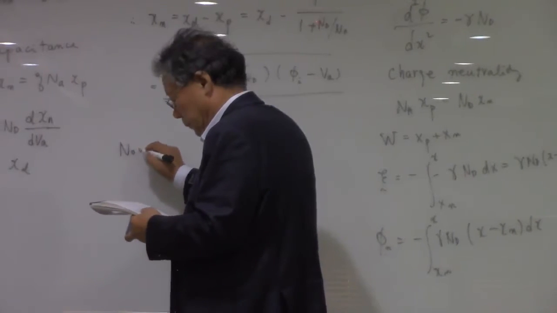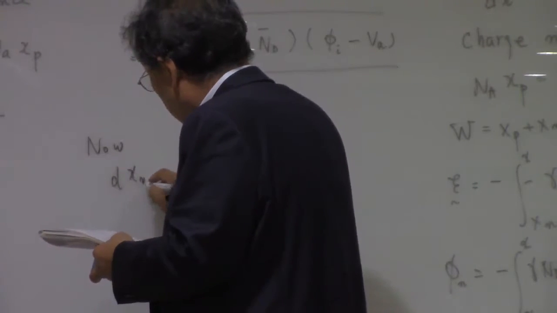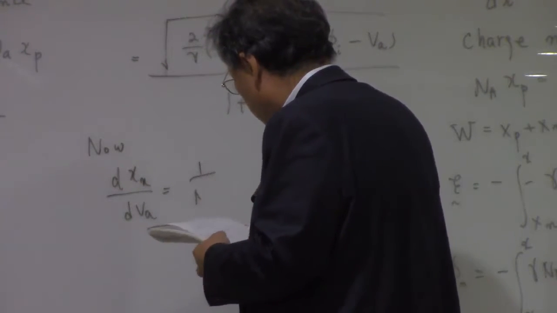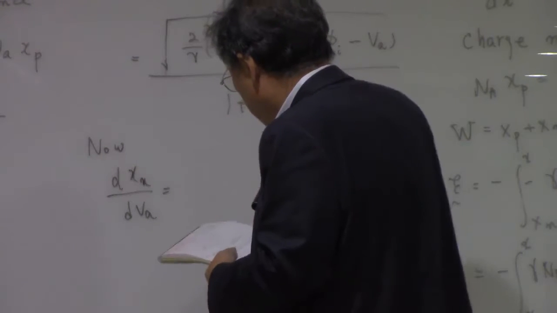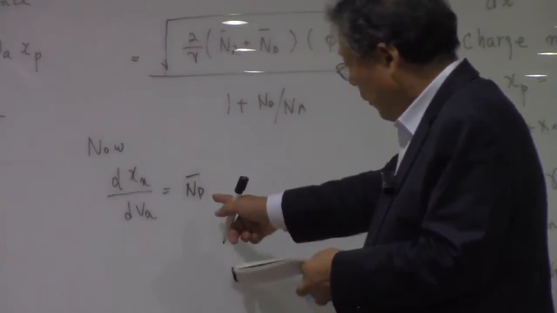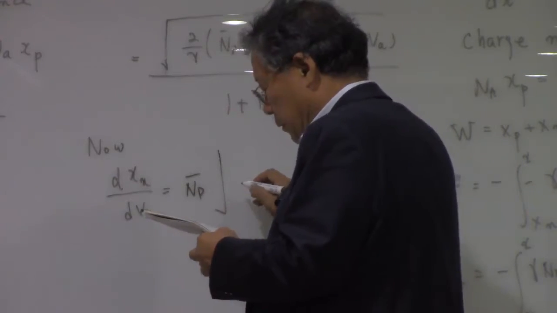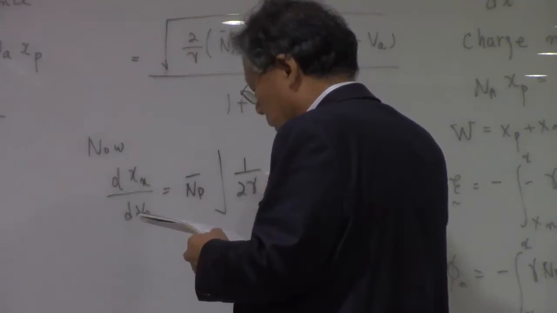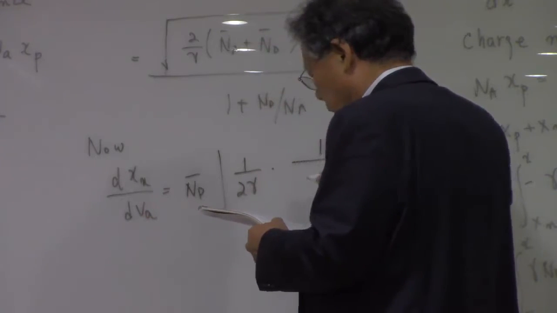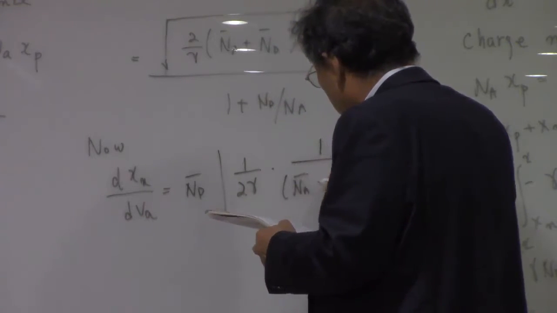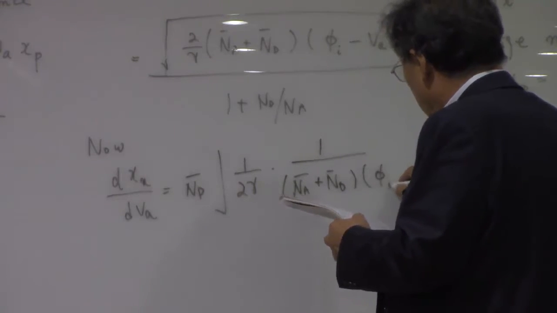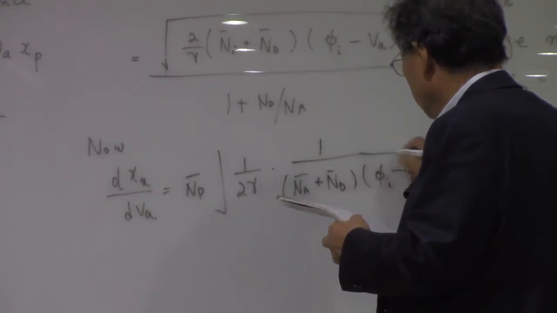Now dXn over dVA is going to be 1 over Nd. Let me make it consistent, like Nd. There is 1 over Nd. And then the root of 1 over 2 gamma times 1 over Na bar plus 1 over Nd bar, over phi I minus VA, the built-in potential.